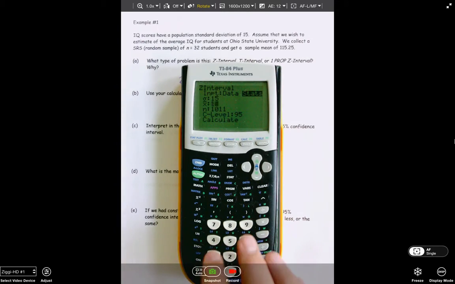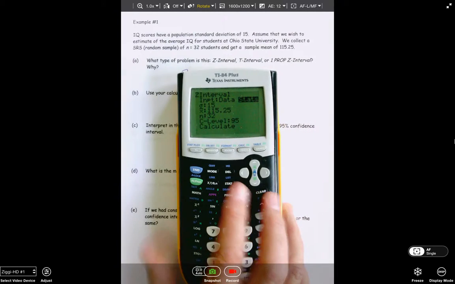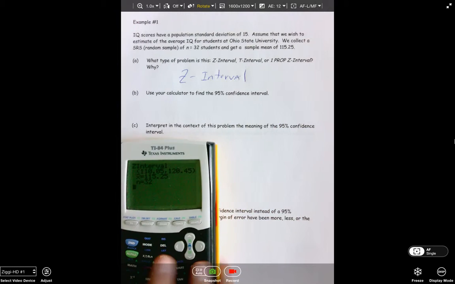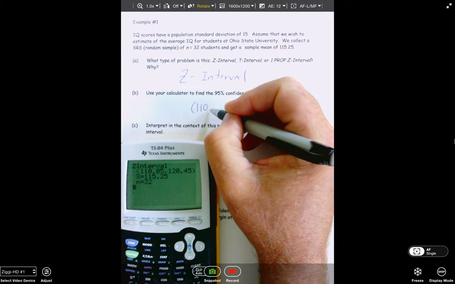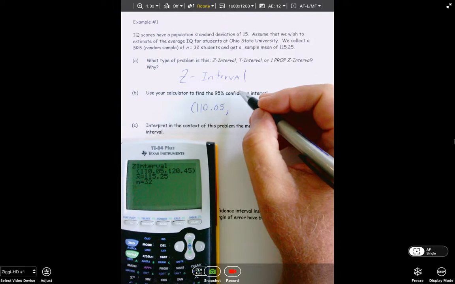The sample mean is 115.25. The sample size was 32. And our confidence level is 0.95. So our interval runs from 110.05 up to 120.45.